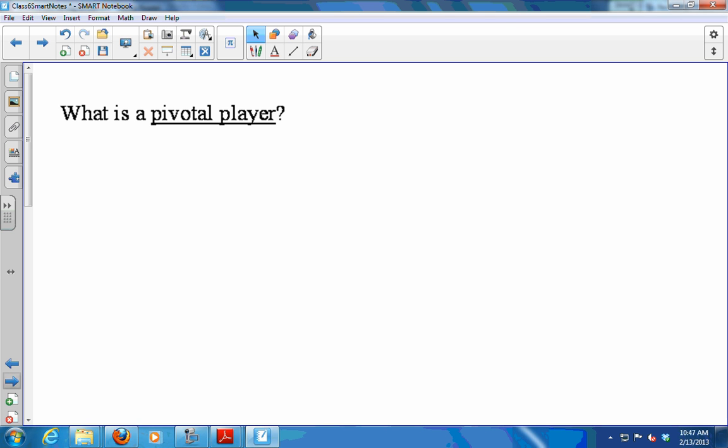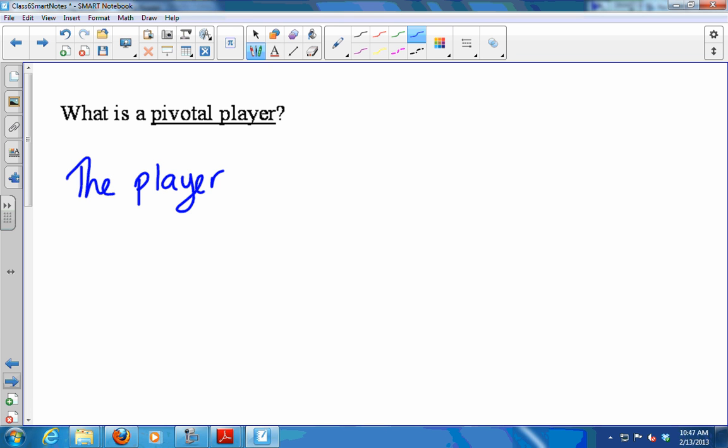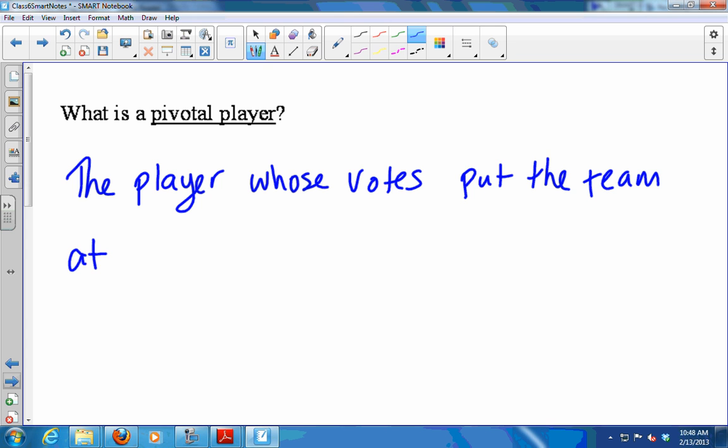So the player whose votes put the team at or above the quota is the pivotal player. You see them written out in order and you add their votes up, and whoever puts the team at or above the quota is considered pivotal.